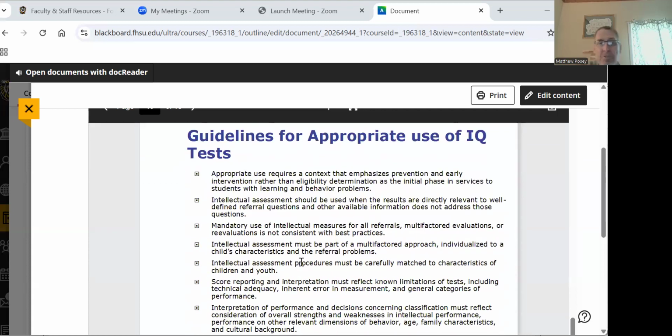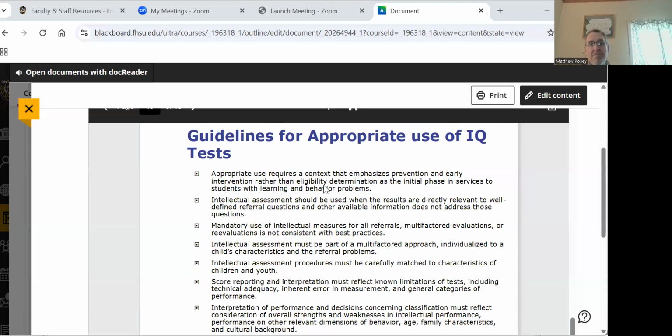Here are some guidelines for appropriate uses of IQ tests. It talks about emphasizing prevention and early intervention rather than eligibility determination. Okay, so we want to make sure that we've done plenty of intervention services and opportunities before we get to that point of just giving an IQ test.